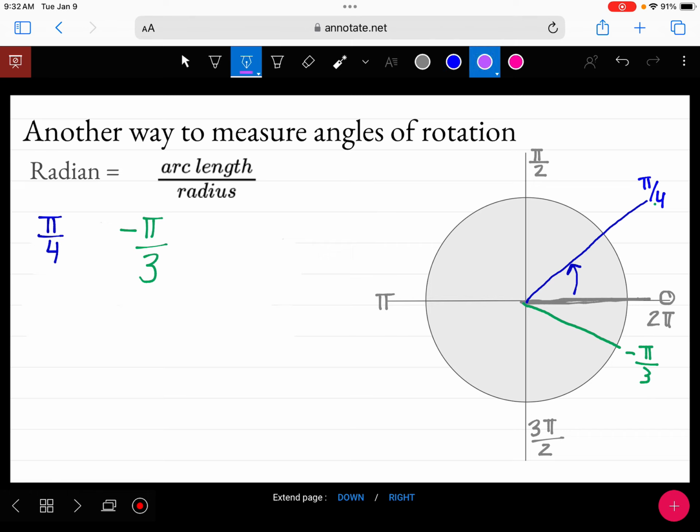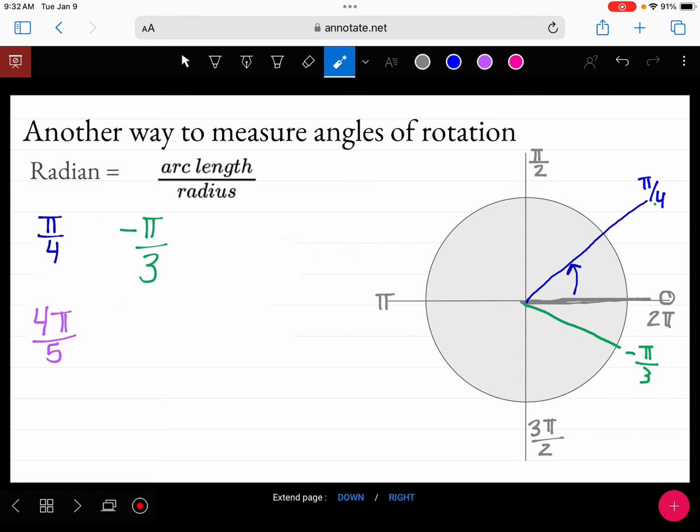All right, next one's a little bit harder. 4 pi over 5. It is definitely going to be on this left-hand side. We know it's more than 90.